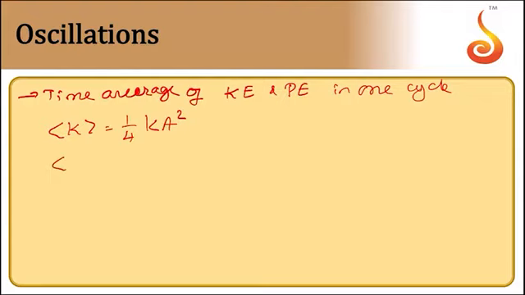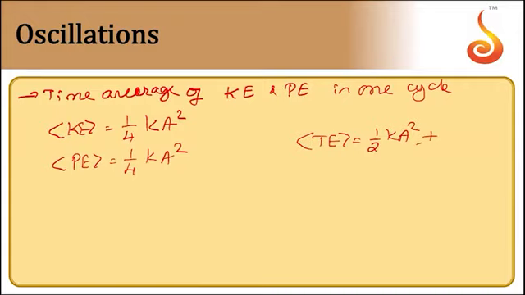Average potential energy is 1 by 4 Ka square. And the average total energy is 1 by 2 Ka square. And if there are any other non-changing potential energies, then you need to add them.